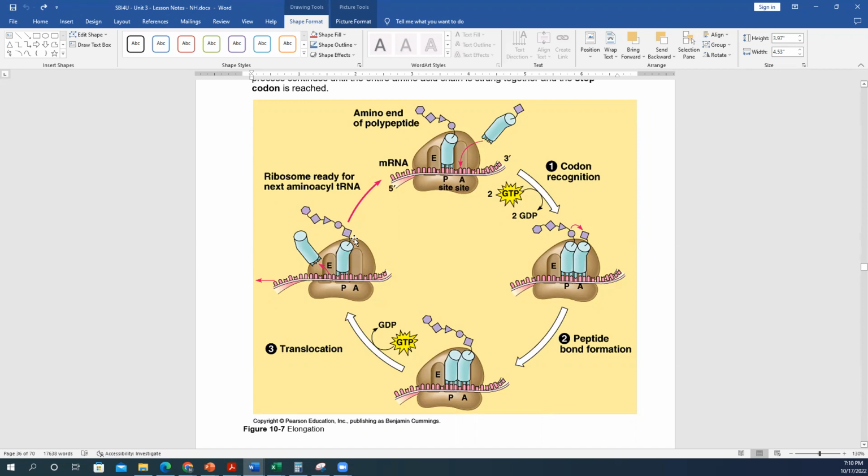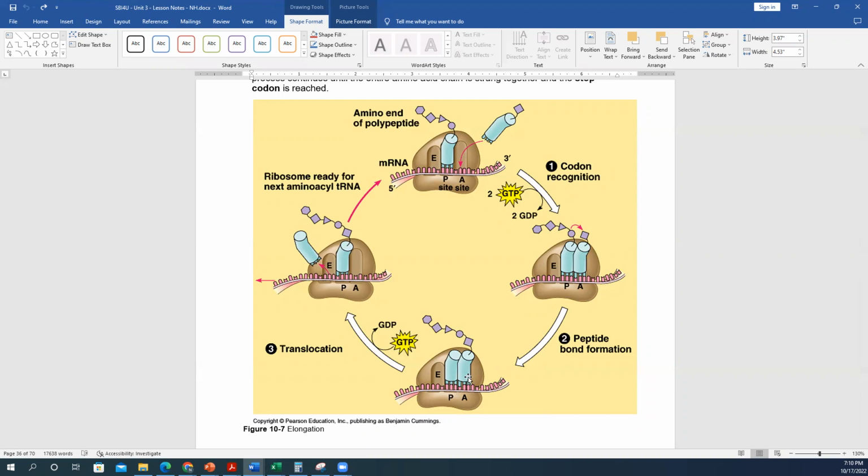And now both of these amino acids, in this case the chain is longer, but imagine you only had the two because you're just starting out, are attached now to this tRNA that is sitting now in the A site. And then the ribosome essentially shifts down one codon frame.